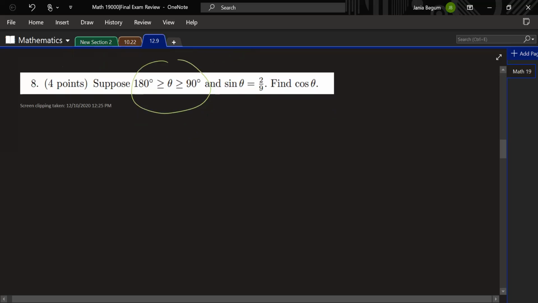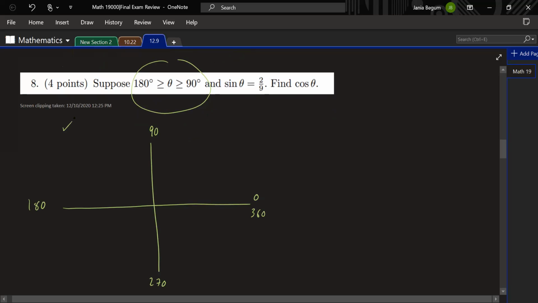Every time you create a right triangle, use the definitions opposite, adjacent, hypotenuse. We know this is 0 degrees, this is 90, 180, 270, and back to 360, which is equivalent to 0. Now we're given theta is between 90 and 180, so that's in this quadrant.